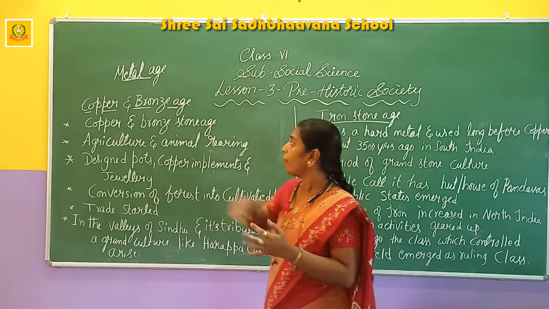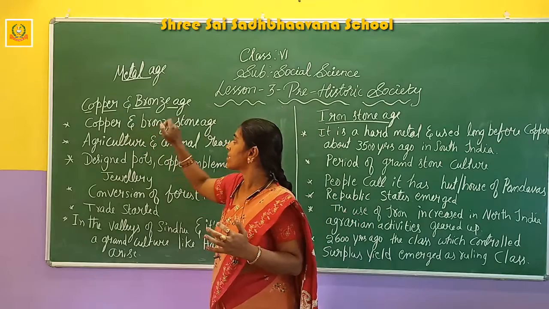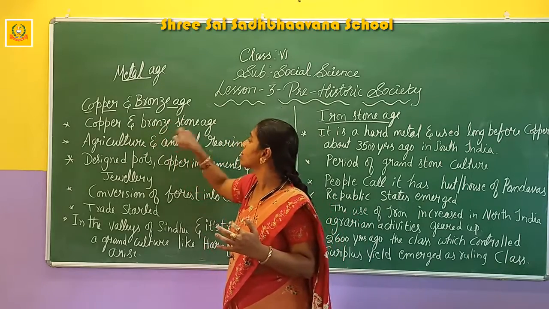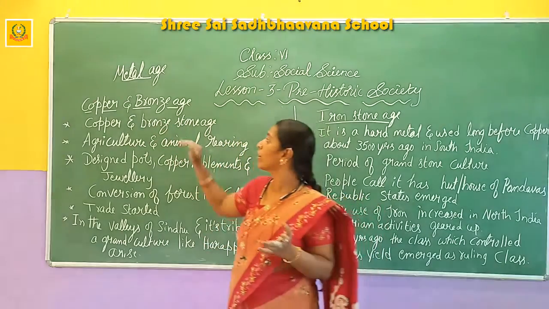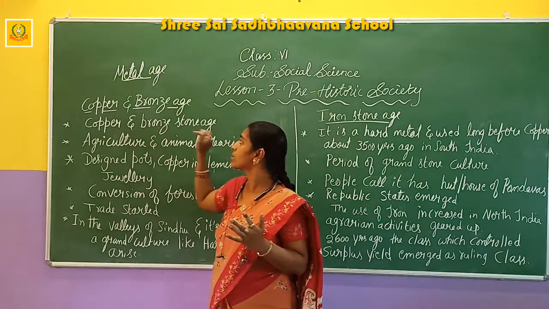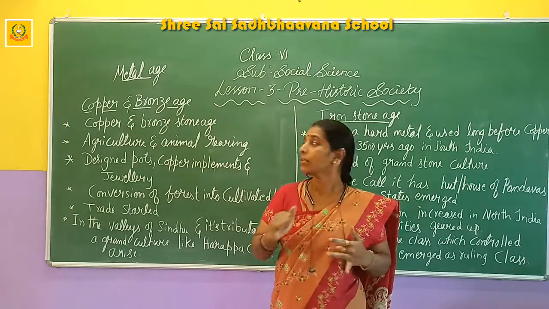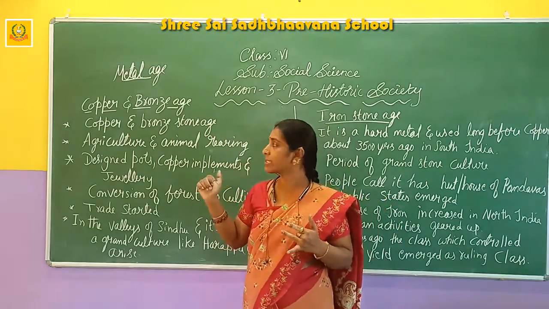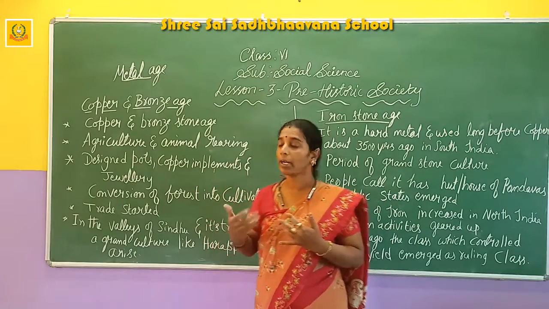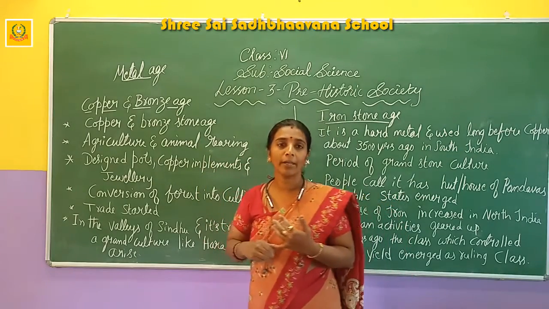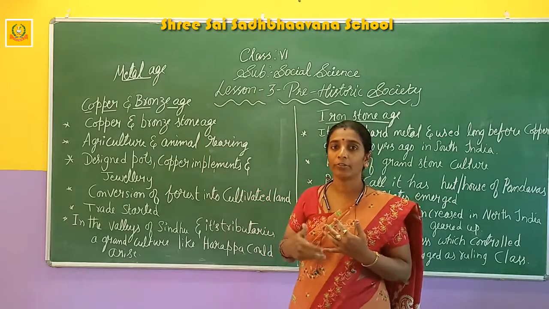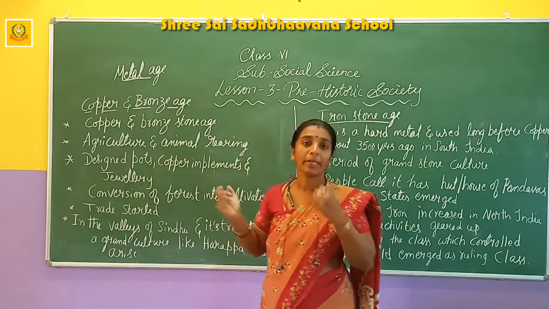Now, Copper and Bronze age is also called Copper and Bronze Stone age. Why do we call it Copper and Bronze Stone age? Because the copper and bronze were not adequate. The quantity of these metals was very less.